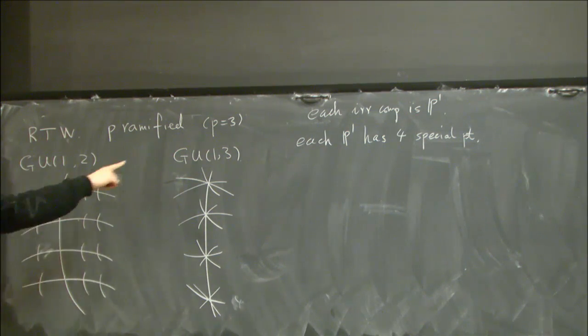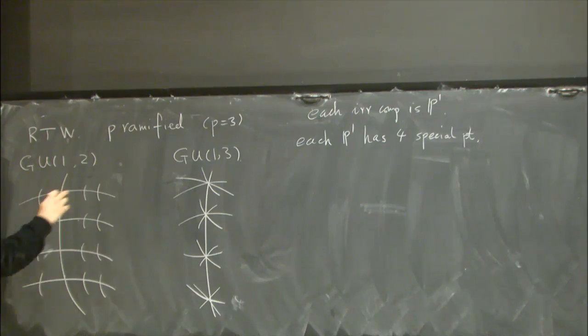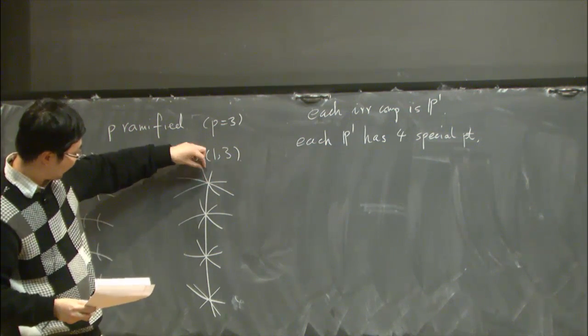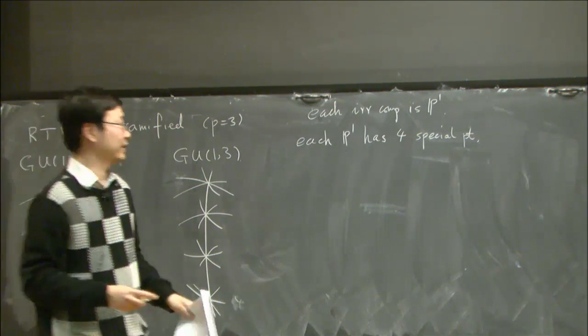So each P1 has 4 special points. They are the same for these 2 cases. But now if you look at the special point, here each special point is the intersection of 2 P1s in this case. And in this other case, each special point is the intersection of 4 of the P1s.